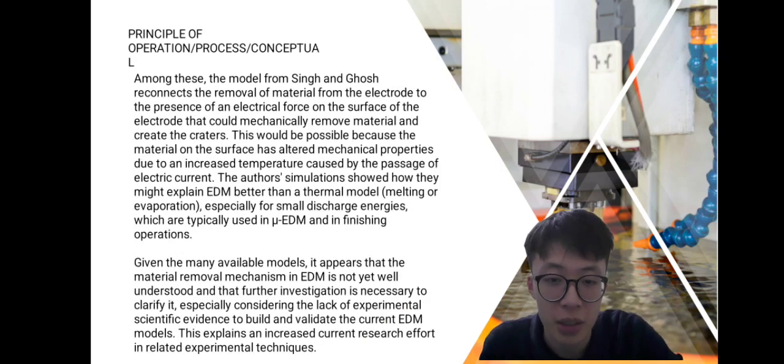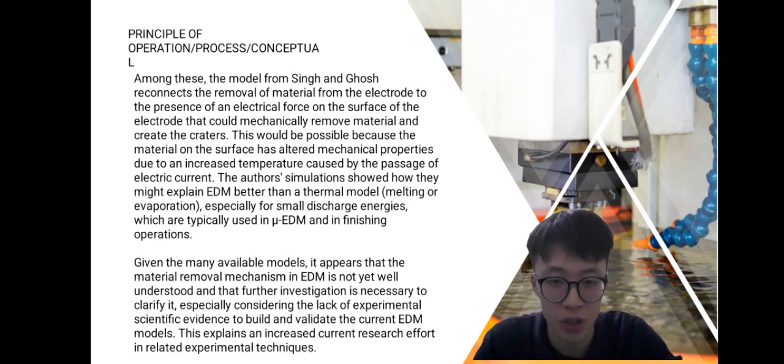Among these, the model from Singh and Gauss connects the removal of material from the electrode to the presence of an electric force on the surface of the electrode that could mechanically remove material and create the craters. This would be possible because the material on the surface has lower mechanical properties due to an increased temperature caused by the passage of electric current.